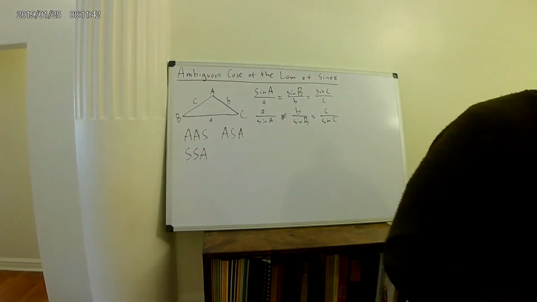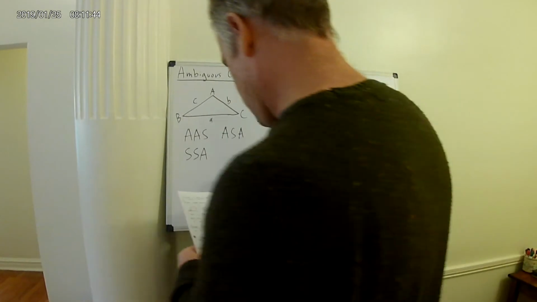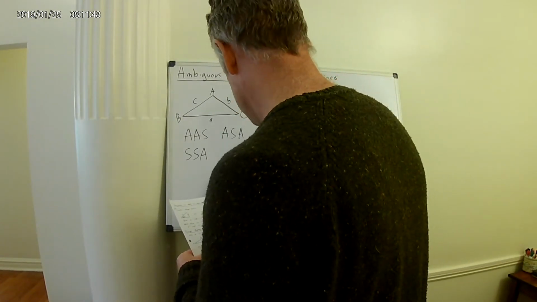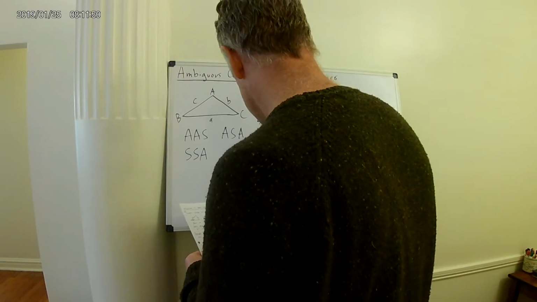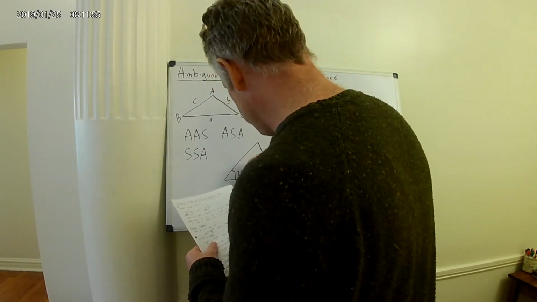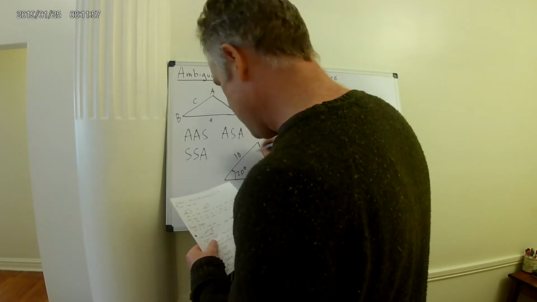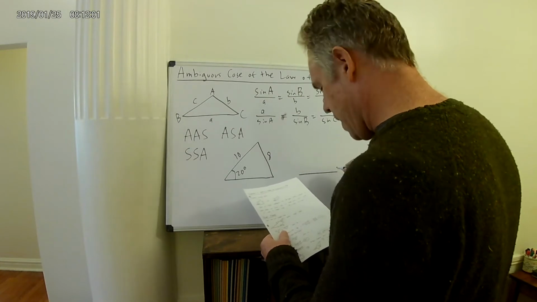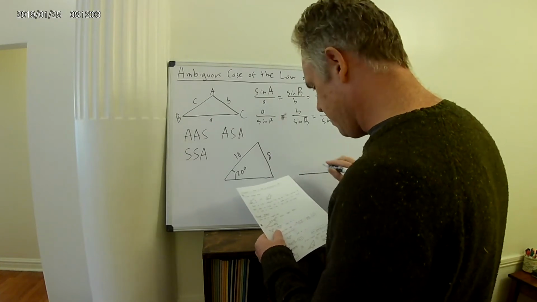And let me give you guys an example of this. So an example would be this triangle. And here we have an angle of 20 degrees. Let's just make this up here. This is 10 and this is 8. Okay. And then there's another triangle we could have, and this is where the ambiguity comes up.